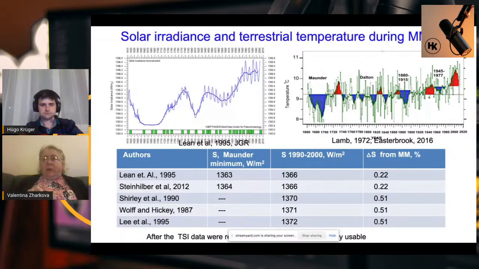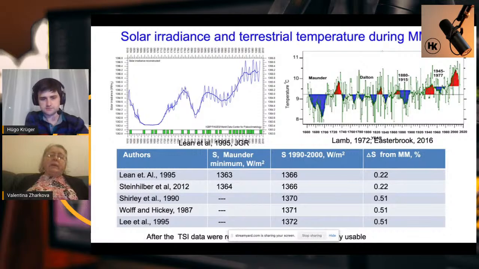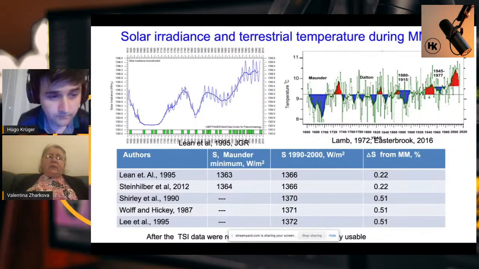It doesn't look like very much, but it caused, on the right-hand side, a temperature decrease of 1 degree. So the average temperature on Earth decreased by 1 degree because of this small reduction of solar radiance. And that 1 degree was enough to freeze the rivers and the Thames. And yes, okay, it's not only 1 degree because of the sun.